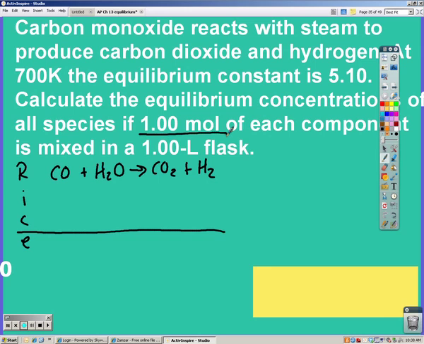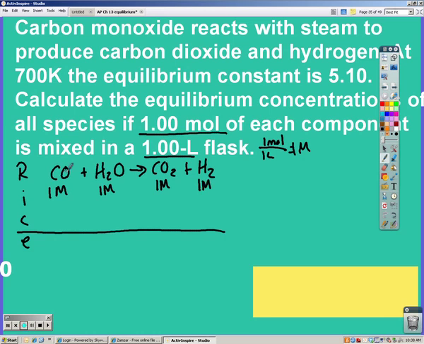So initially, my concentration is 1 mole over 1 liter, which is 1 molarity. I need to plug molarity or concentration into all of these, and it's the same for each component. So I have 1 molarity of everything.